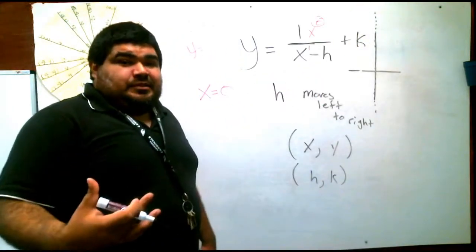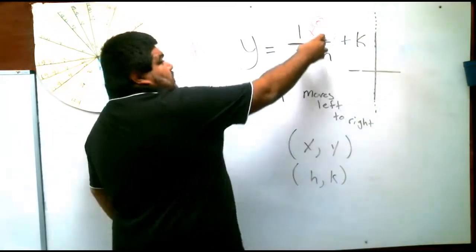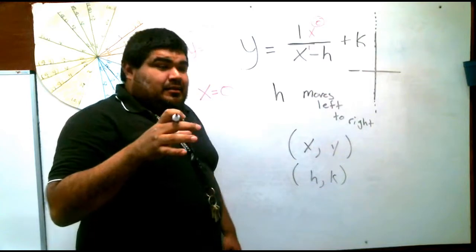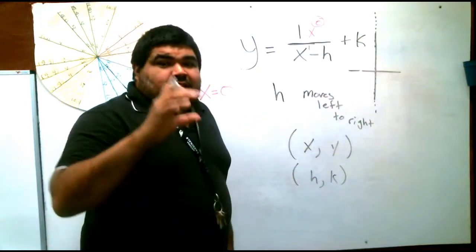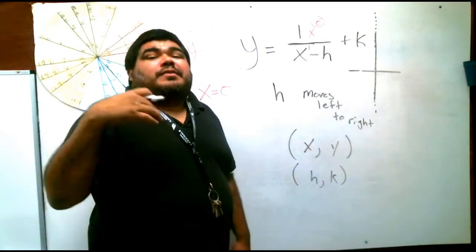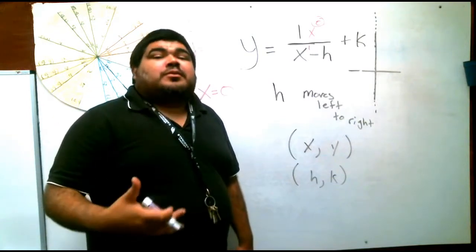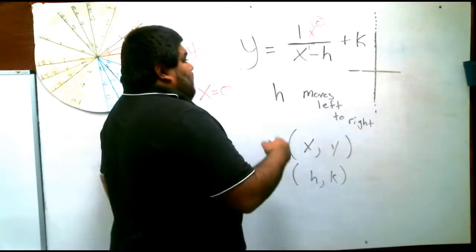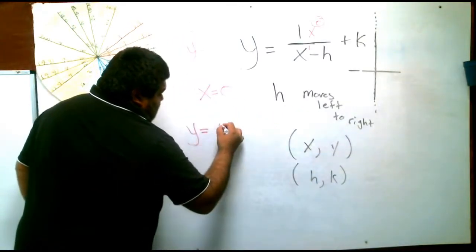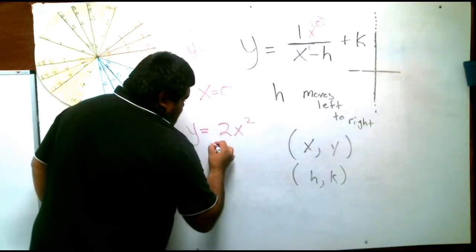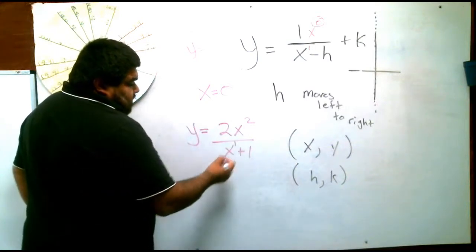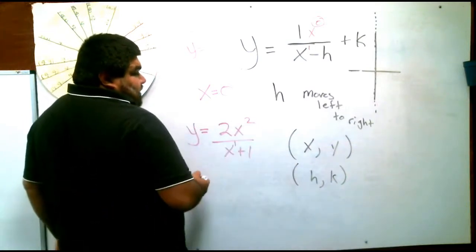When it's the opposite, when your top number or your top x, because some of them might have an x, is bigger than your bottom one, there is no horizontal asymptote. So if I were to say y equals 2x squared over x plus 1, notice that the bottom one has a 1, the top one has 2.